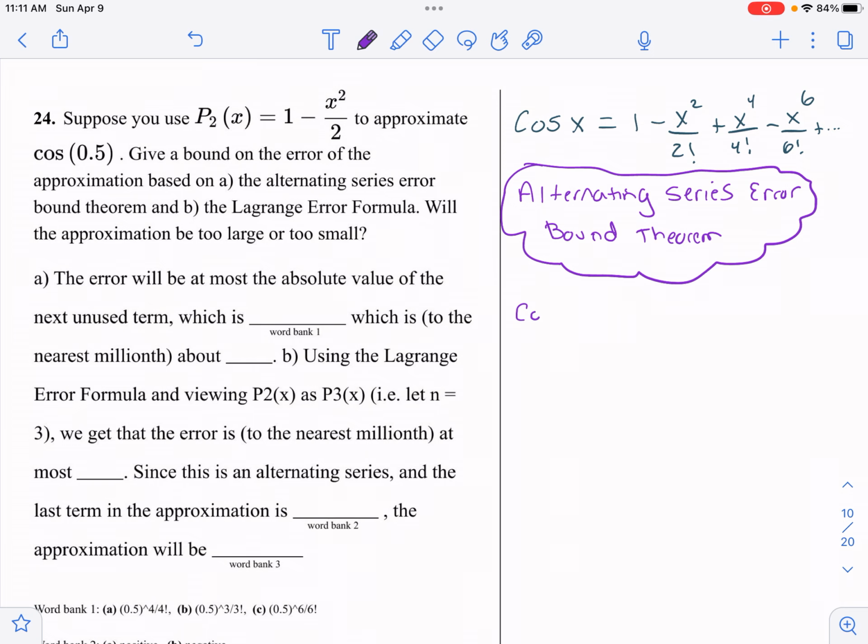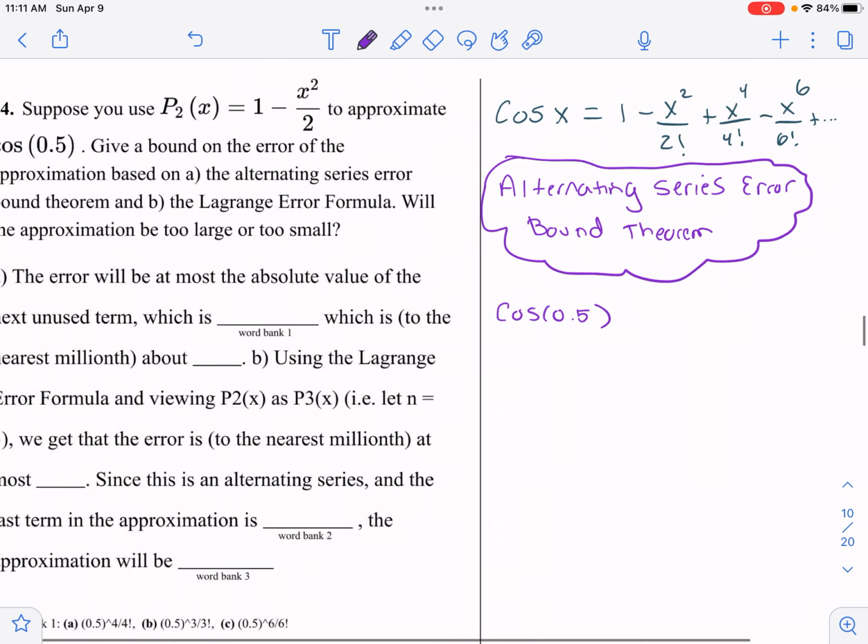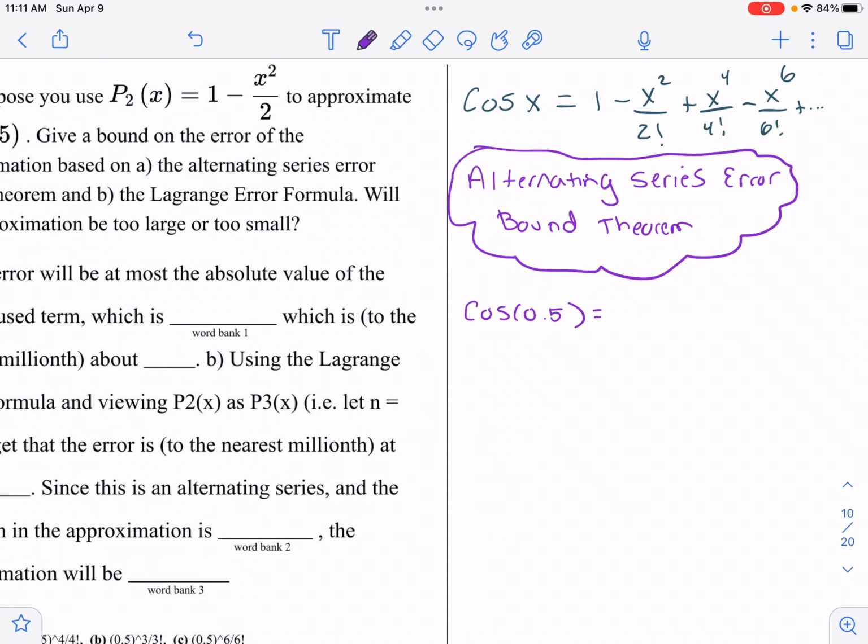So if I replace x with 0.5, then I'll get this infinite series that converges to cosine of 0.5.